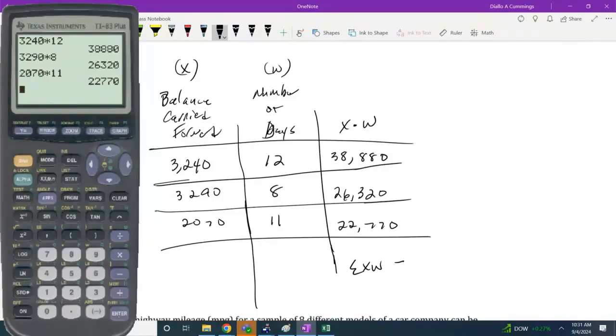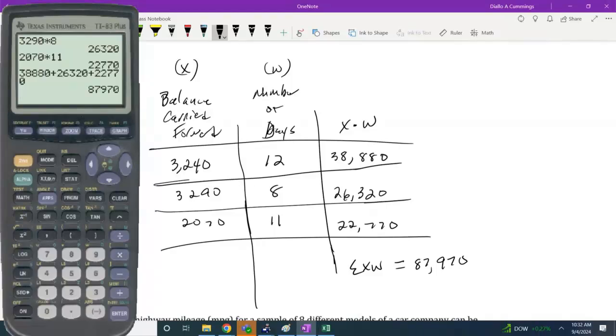Now we're going to find the summation of X times W. I'm going to add all that up. 38,880 plus 26,320 plus 22,770, and I believe we get 87,970.